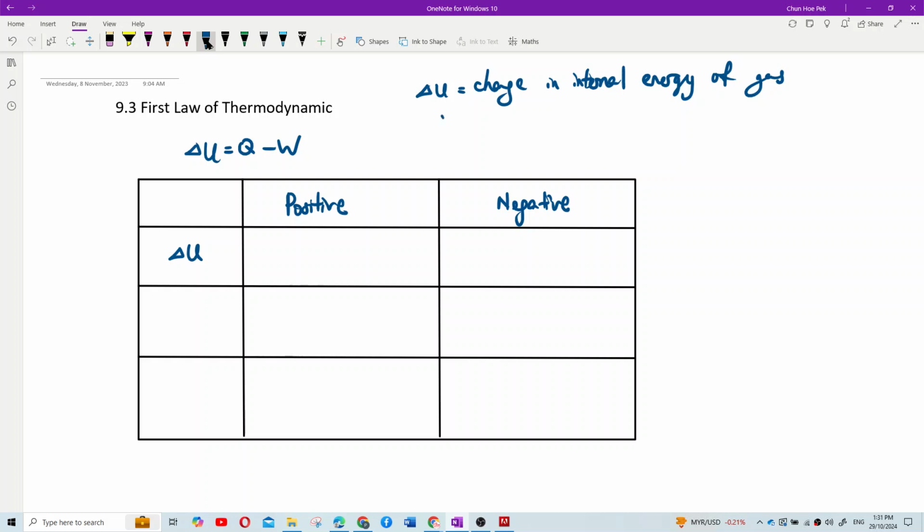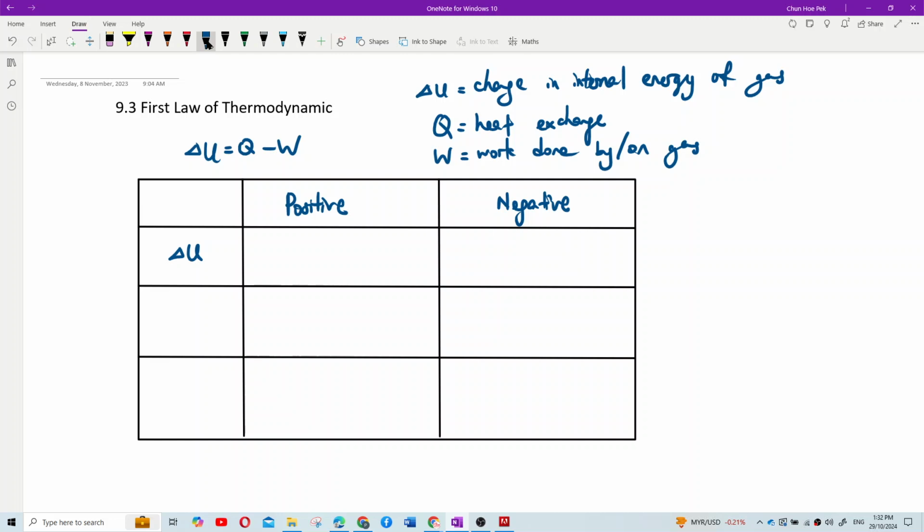And Q is the heat exchange. And W is work done by gas or on gas.